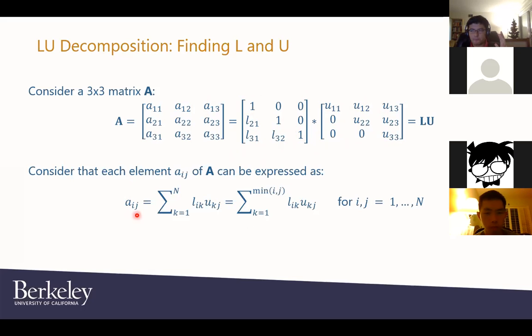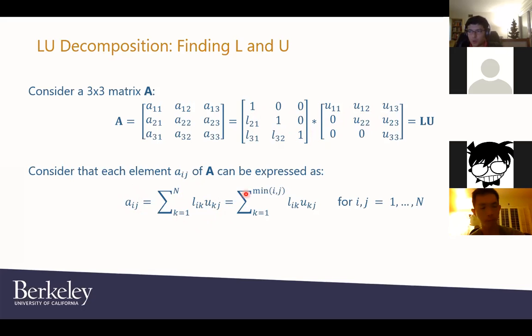Again, when you do matrix multiplication, the indices are a mess, but this basically says that for any element ij, that will be the same as the ith row of the L matrix times the kth column of the U matrix.